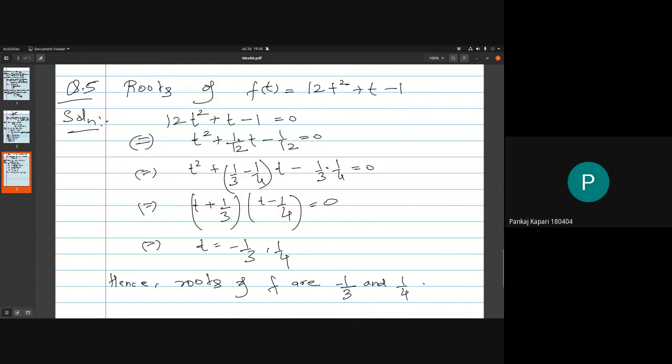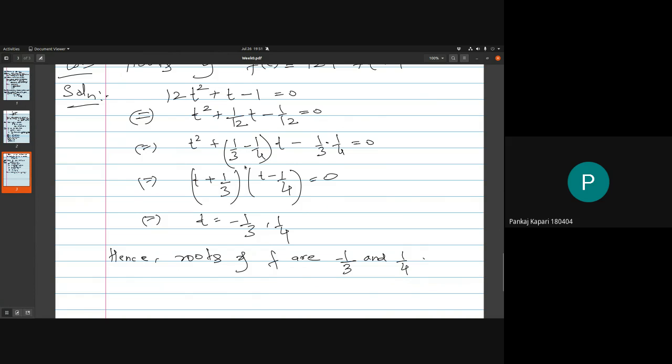Now notice that 1 by 12 can be written in two ways. In one way, we'll write 1 by 12 as a sum of two fractions. In another way, we'll write 1 by 12 as a product of two fractions. So 1 by 12 is the same as 1 by 4 minus 1 by 3, and minus 1 over 12 is the same as minus 1 by 3 times 1 by 4.